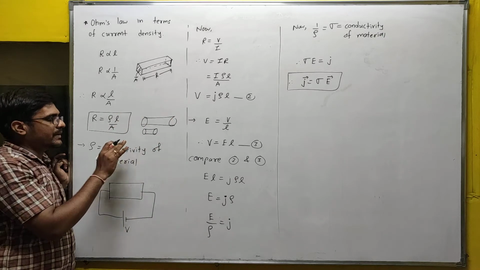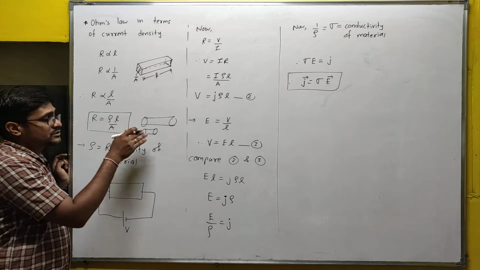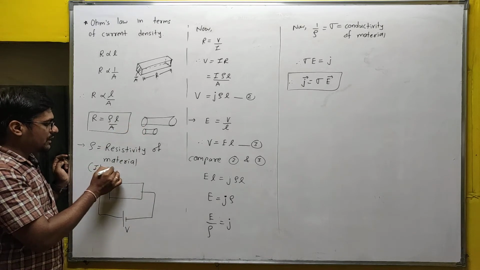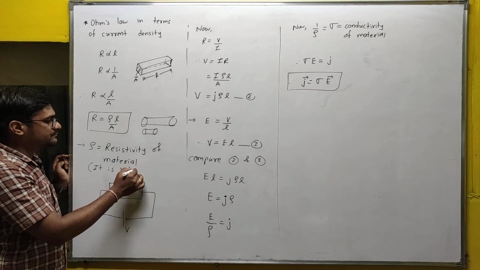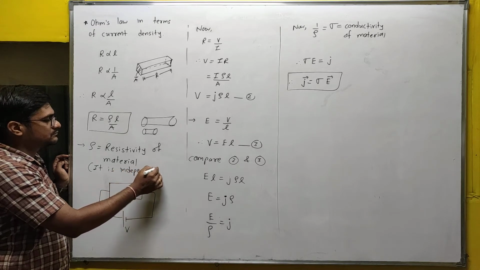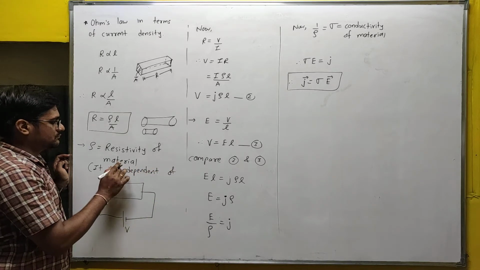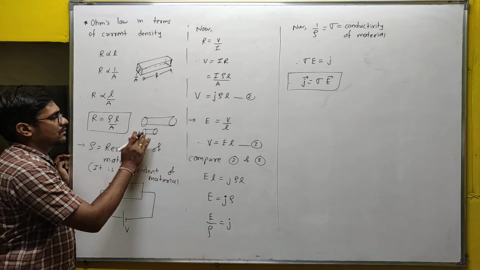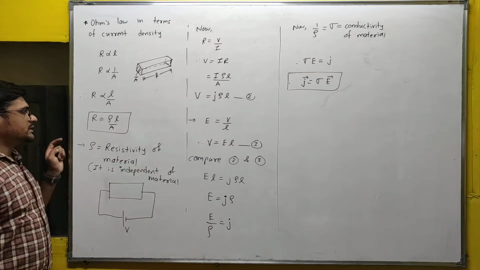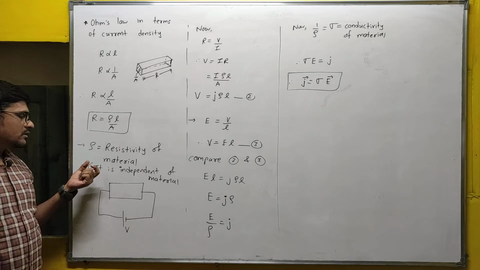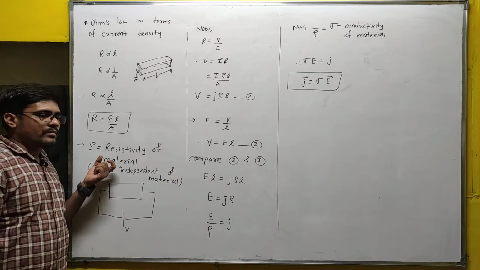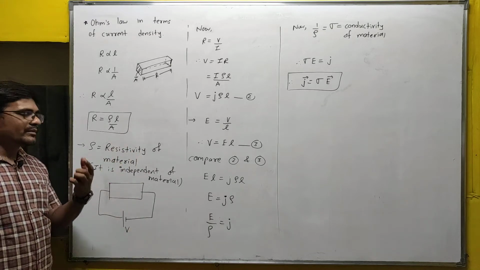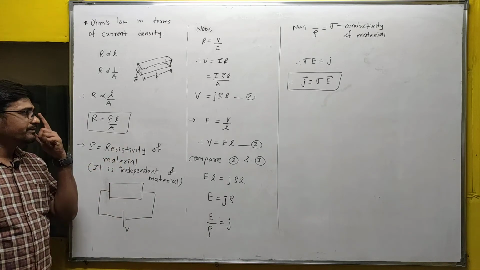It does not depend on diameter or on the dimensions of the material. Resistivity is constant, so it is fixed for the material. For copper it is fixed, for silver it is fixed, for aluminum it is fixed. One table is also given in the textbook.